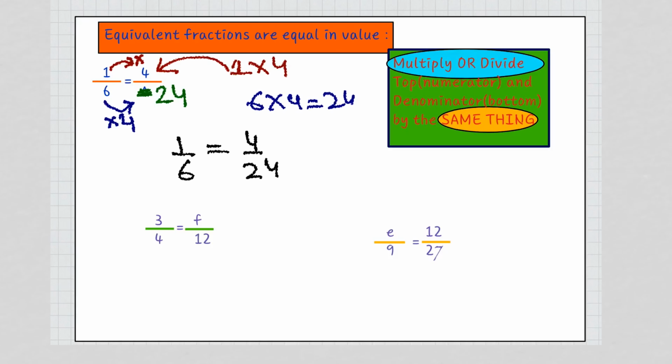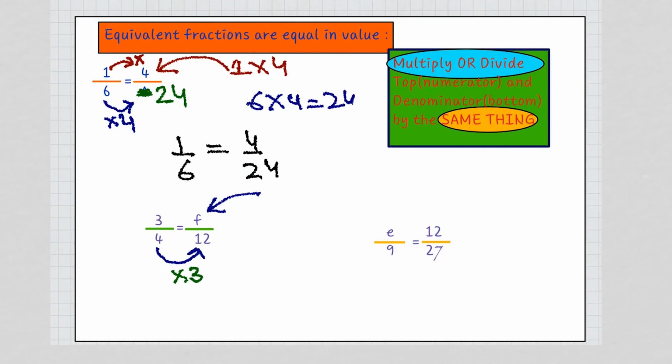In a similar way, we will do the next question. In this one, we have 3 over 4 equals f over 12. We need to find the value of f. First see how we got from 4 to 12. If we multiply 4 by 3, we get 12. We need to do the same thing.